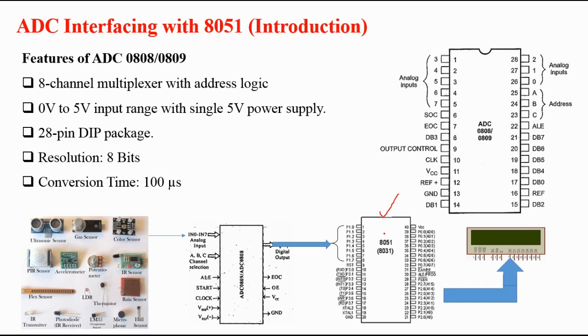Now let us suppose we want to interface a device, let's say a temperature sensor, to it. This is the temperature sensor we are interfacing to the microcontroller. Now the output of the temperature sensor is analog because the temperature sensor senses the temperature.